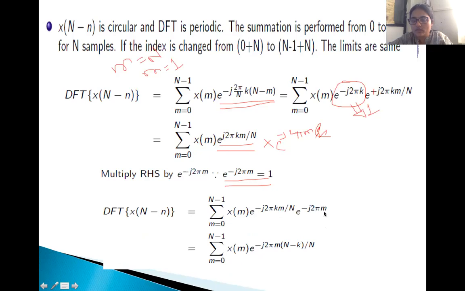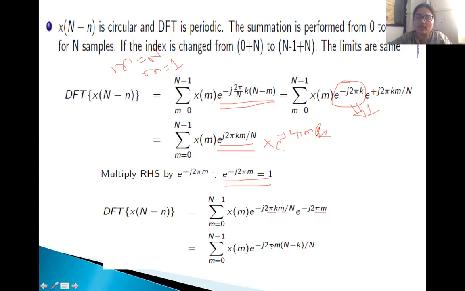Now here m is there, here again m is there, so only k is different. We have taken the common part. What is the common part? 2 pi m.